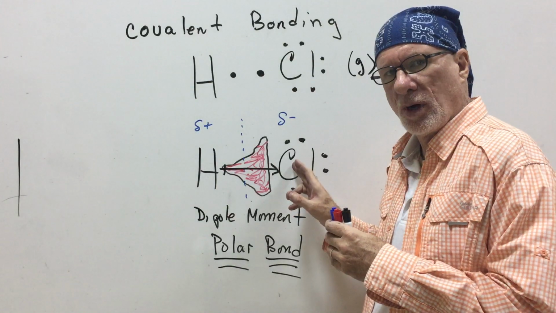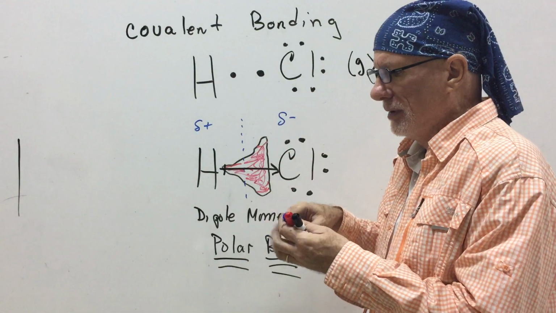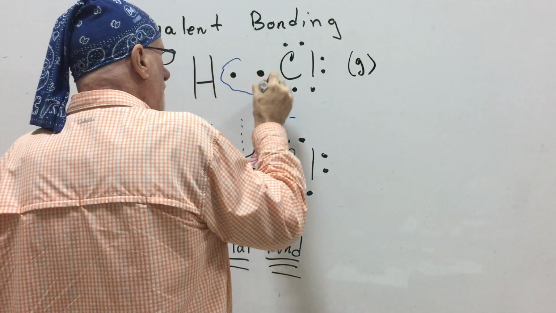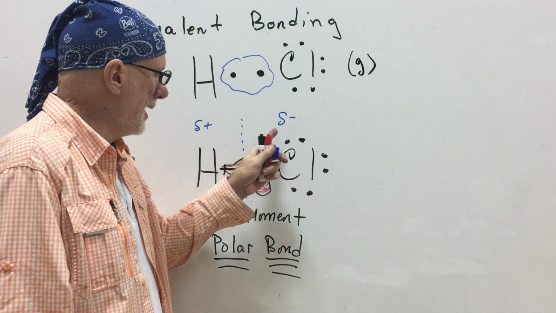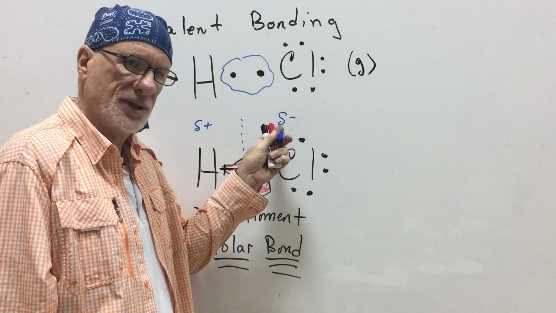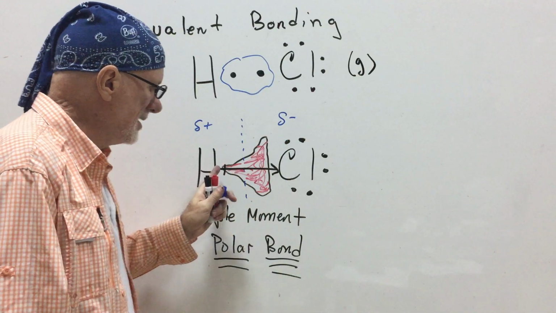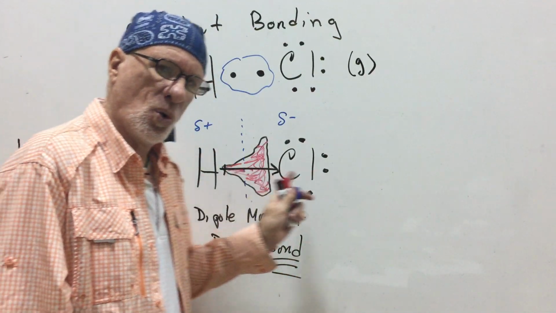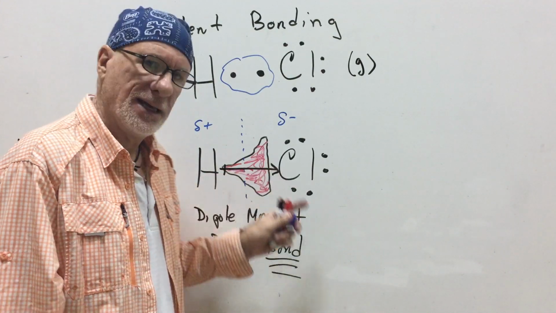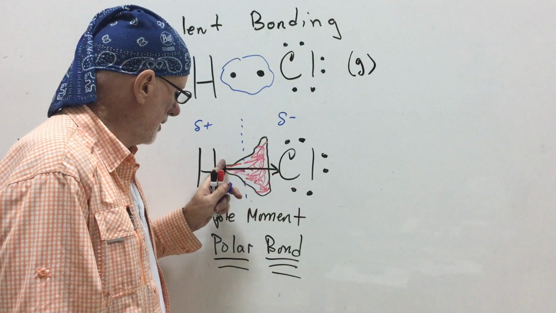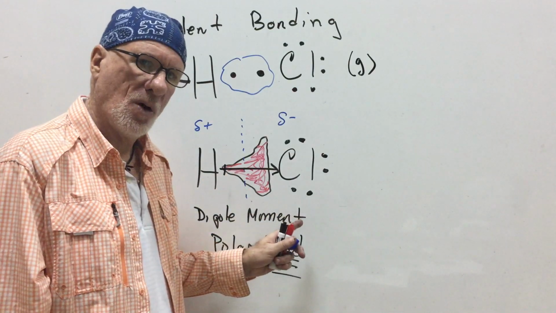Where chlorine is more electronegative, it will pull the electron cloud that is between the two elements to the chlorine side. And you'll create a slight negative charge on the chlorine side, a slight positive charge on the hydrogen side. And this shift towards the chlorine of the electron cloud is indicated by a line with a little hook on the left side, and that's called a dipole moment.